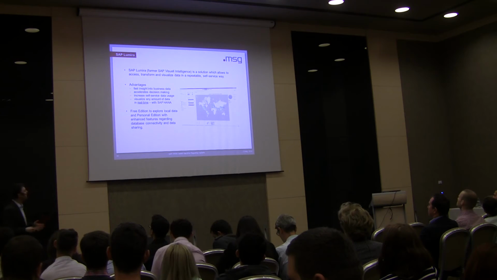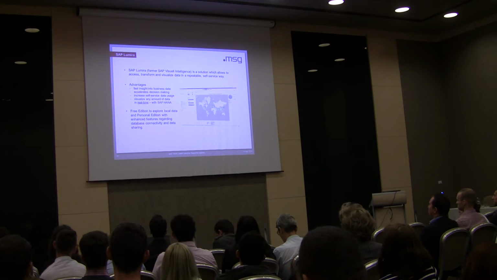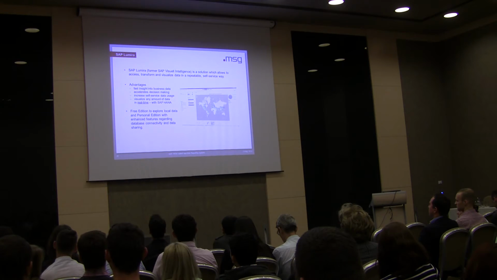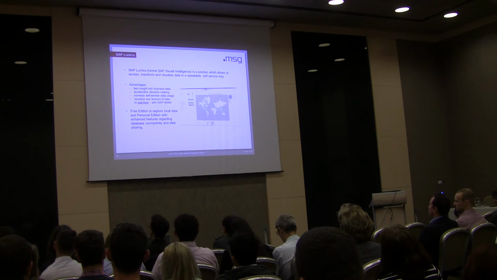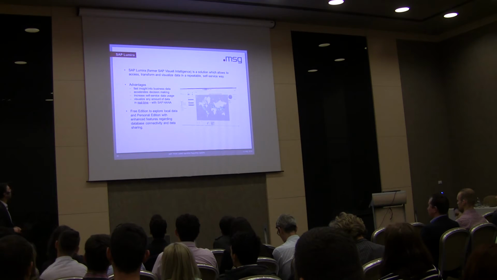We have different chart types available to make the visualizations. The advantages also, like for the Microsoft Excel tool or Office tool, is that you have a fast insight into the business data. It of course accelerates the decision making, because if you have the data faster, you can make faster decisions about some topics.